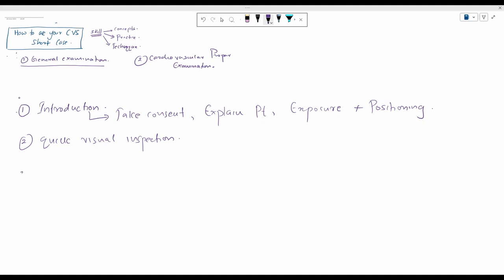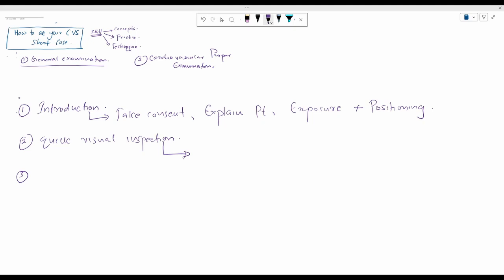Now then, we'll start off with the general examination. To start off, it's better to have a systematic approach, right? So during the quick visual inspection, you tell the patient that you are going to look at him from far. You are going to look at his precordium.